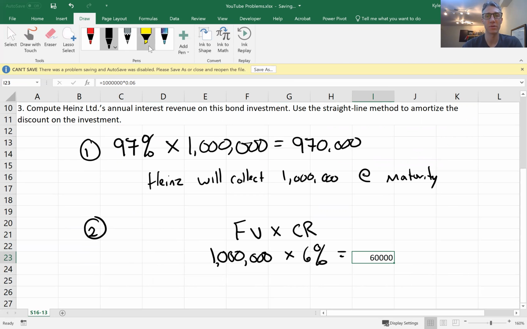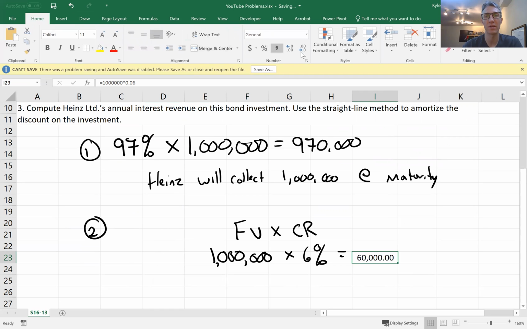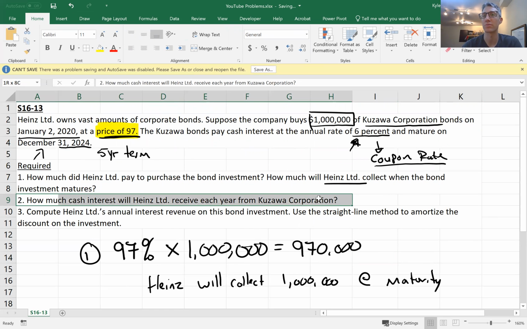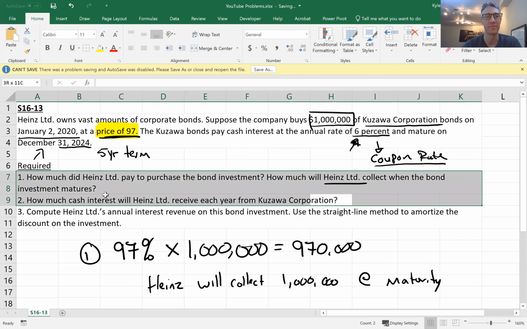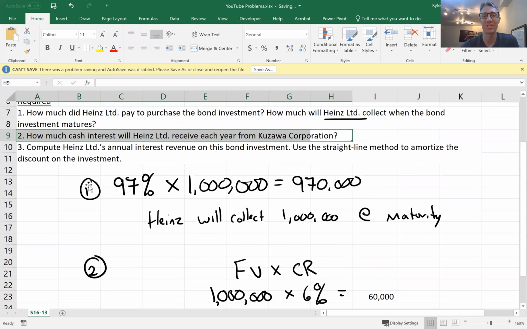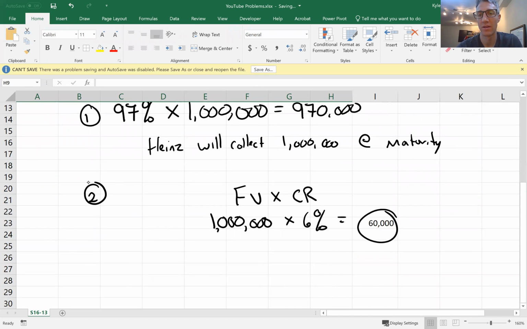That means that annually they're going to get $60,000 in interest, not as revenue, I'm sorry, but as a cash payment per year. So this is the answer to requirement 2, the annual cash payment.